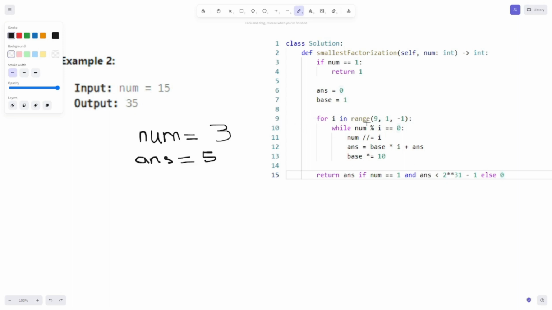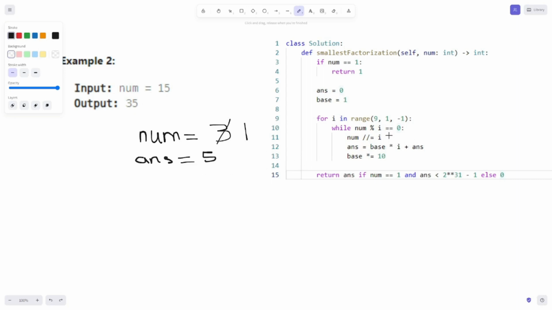On the remaining values we were at 5, so now for I in range 4. So is 3 modulus 4 equal to 0? No. Is 3 modulus 3 equal to 0? Yes. Okay, then 3 divided by 3 becomes 1. And then answer is equal to base times I. Remember, base is 10 now. So 10 times 3 is 30.